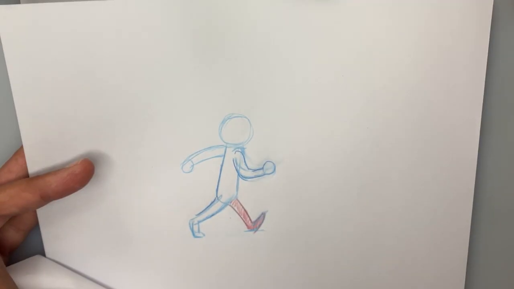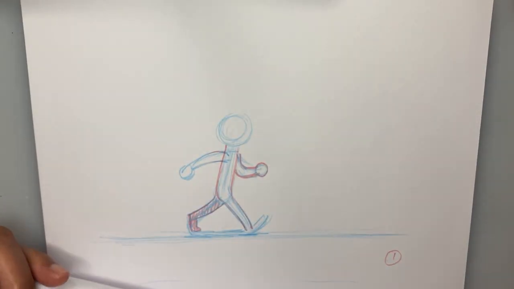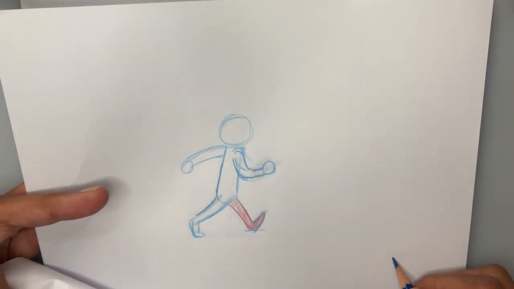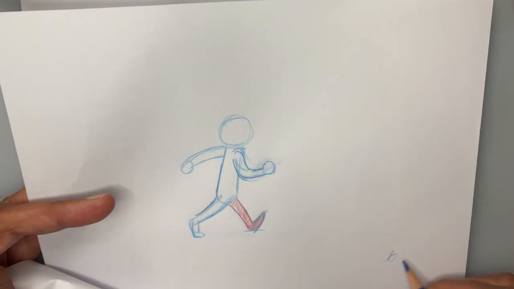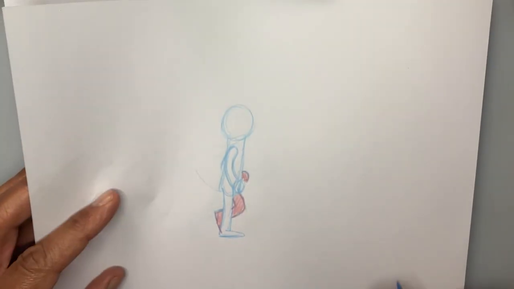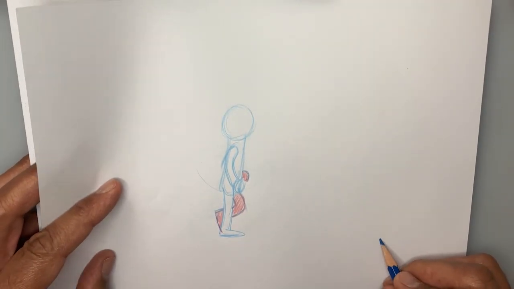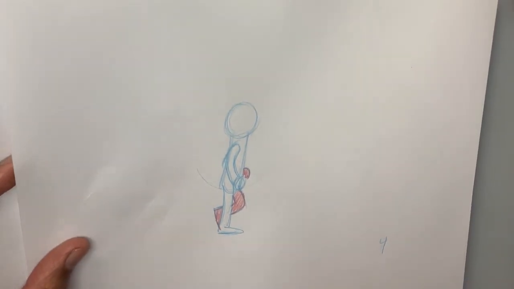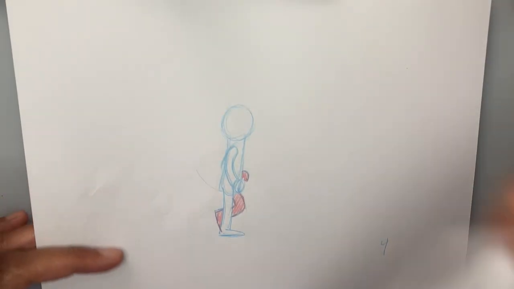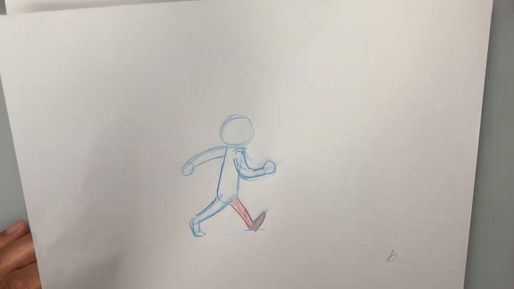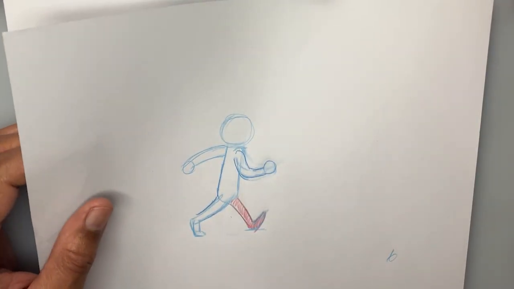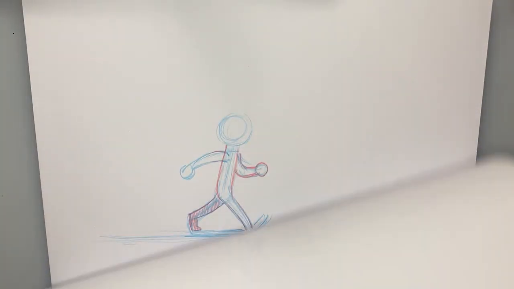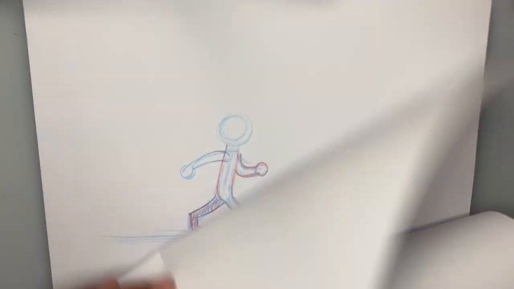Now, this drawing here is drawing 6. So this drawing here is 4. And when you put these down, you see that?